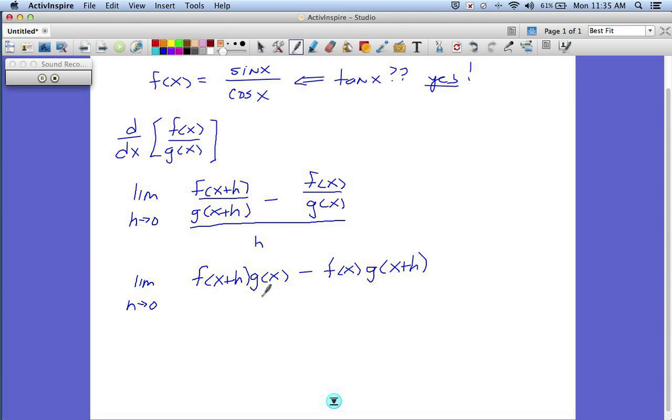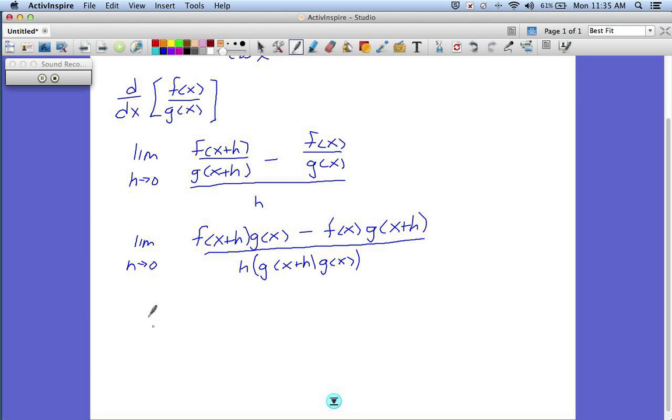So I've combined my numerators with g of x plus h and g of x being the denominator. And of course we recall that our denominator h will then jump up with these guys to form that. We'll put this guy in parentheses so we can distinguish between them.